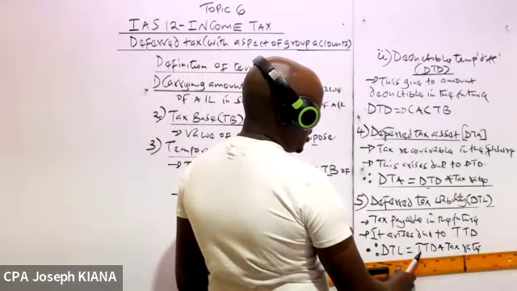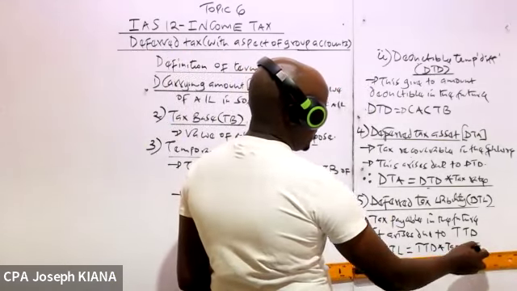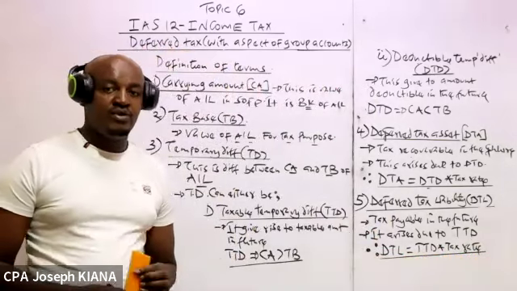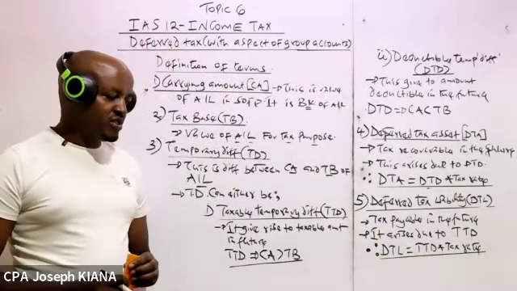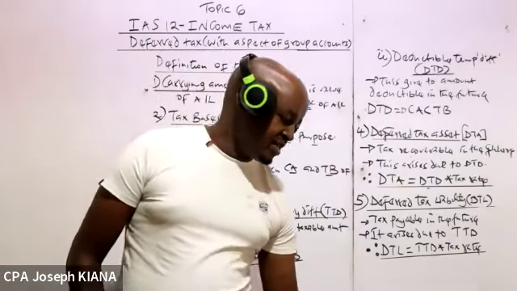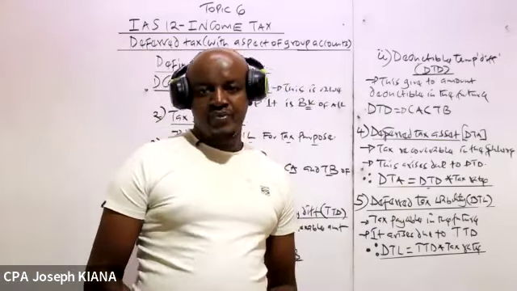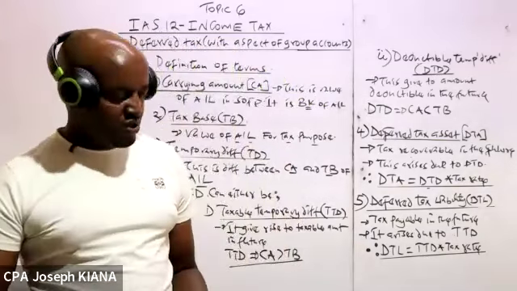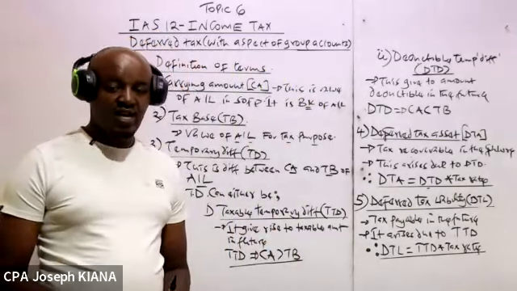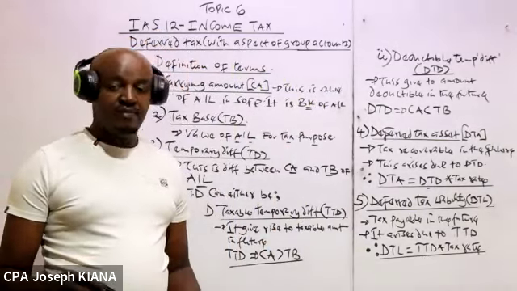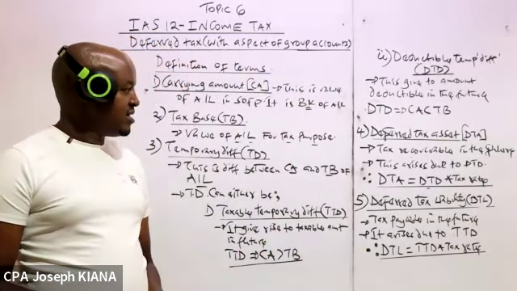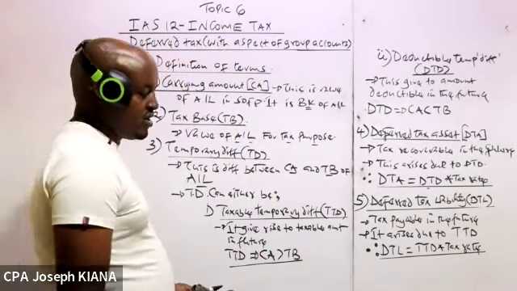That particular formula is also very, very important in terms of how we compute the deferred tax liability. So these are some of the terms you must be in a position to define. You may come across a theory question whereby you're required to explain some of these terms, like what is a temporary difference, the different types of temporary differences, and so on.